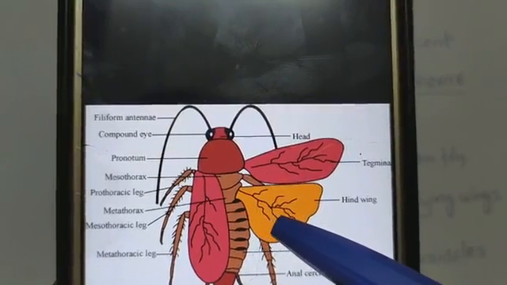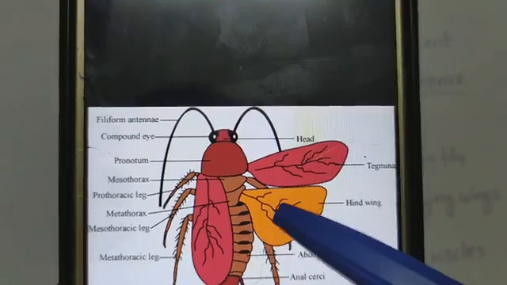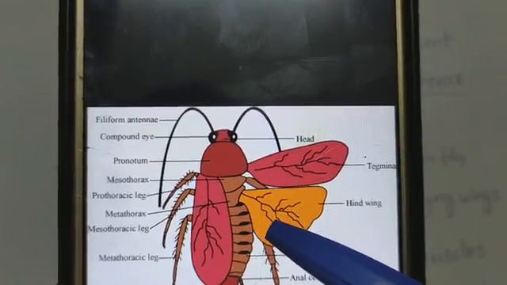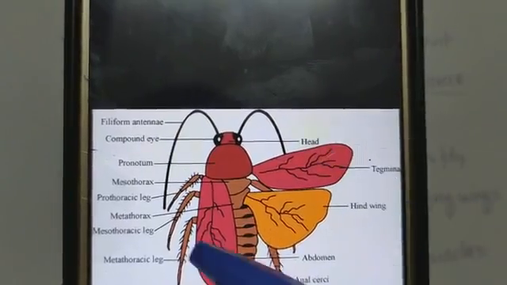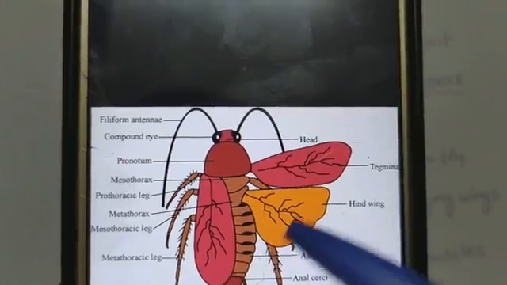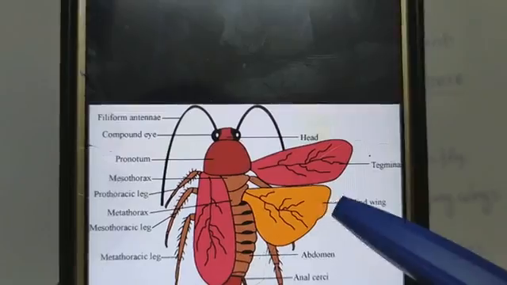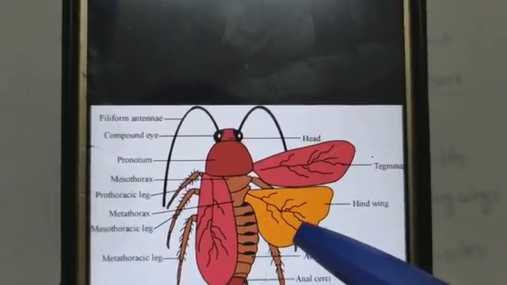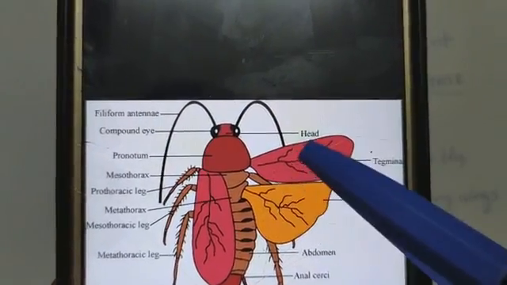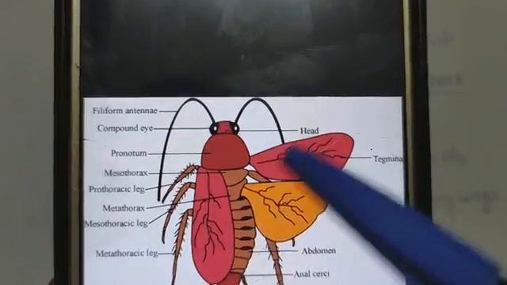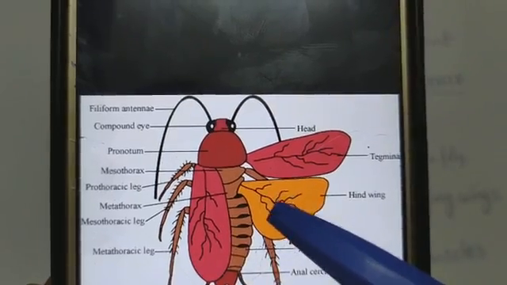For the flying purpose, only the downside pair of wings are used. And what is the purpose of the top pair wings? They only help these flying wings. These flying wings are also called hind wings. You don't need to remember it, but just for your information, I am explaining it. The top pair of wings only protect the downside wings.